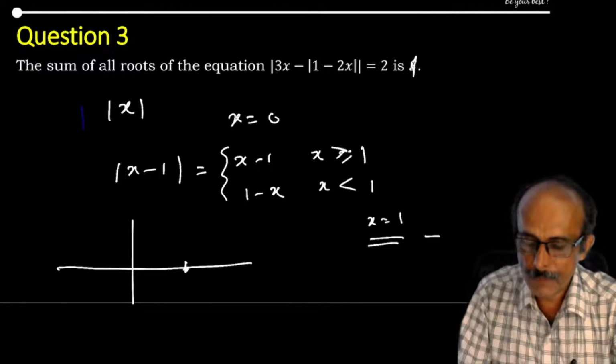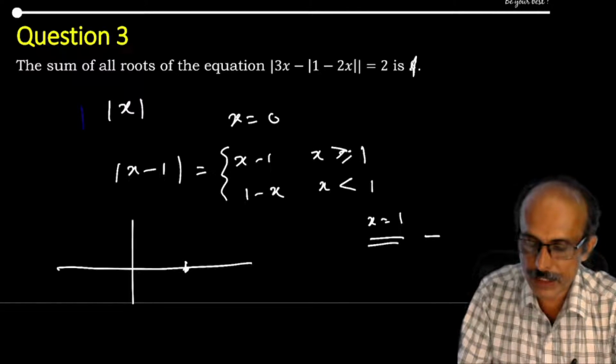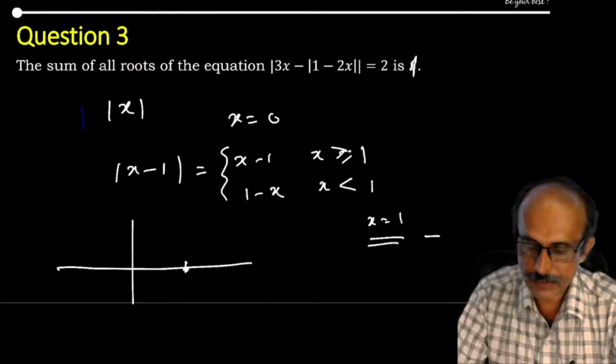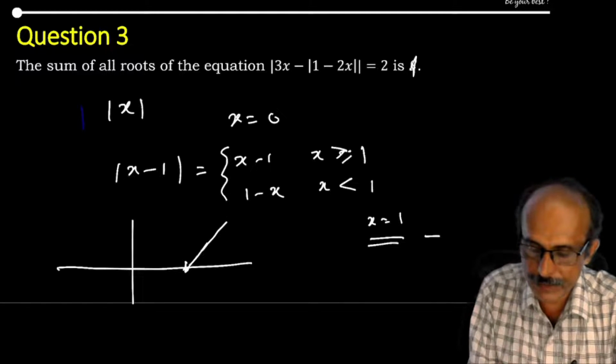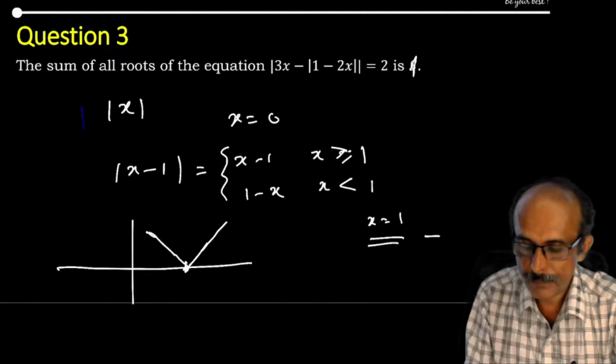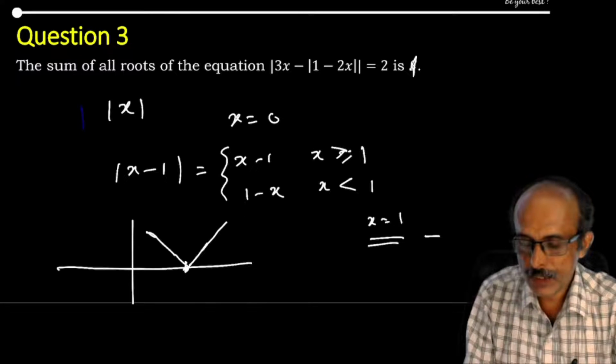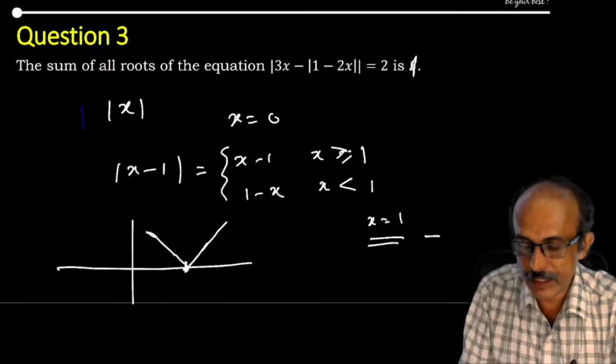At x equal to 1 the value is 0. So y equal to x minus 1 for x greater than or equal to 1 is a graph like this, and 1 minus x is a graph like this, right? So at x equal to 1 there is a change in the sign.